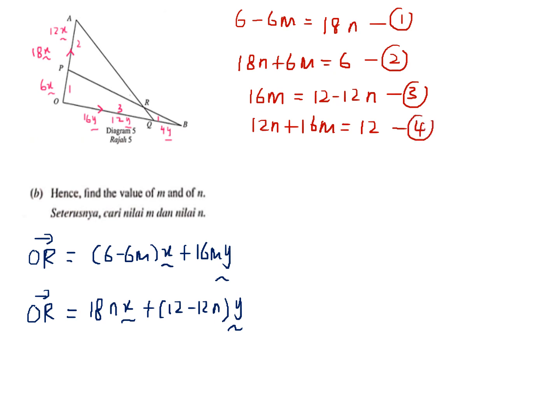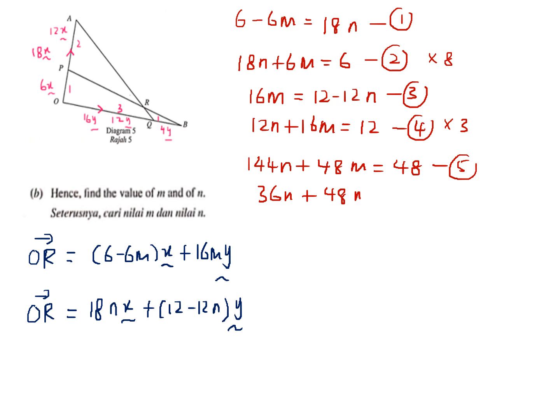By multiplying the second equation by 8 and the fourth equation by 3, we obtain 144n plus 48m equals 48, which is the fifth equation. Then from the fourth equation, we obtain 36n plus 48m equals 36, which is the sixth equation.